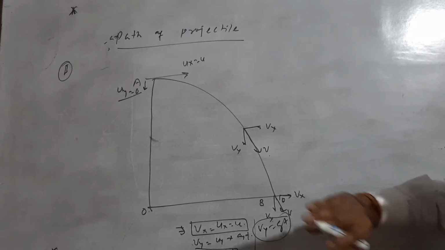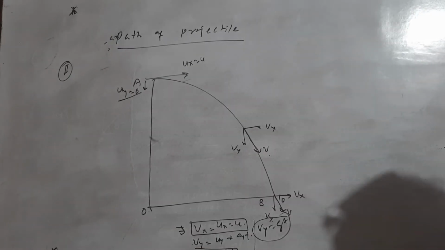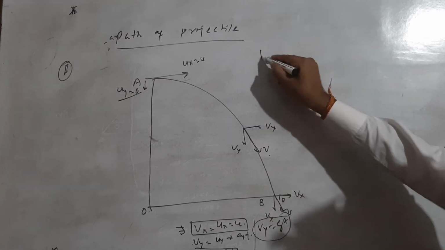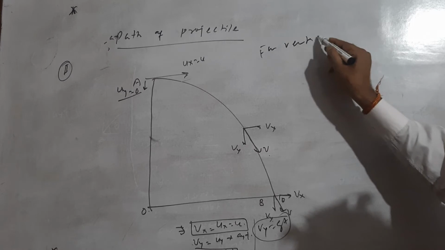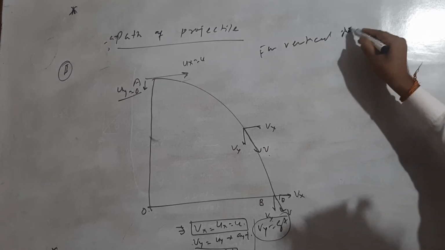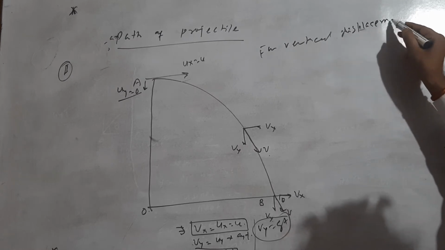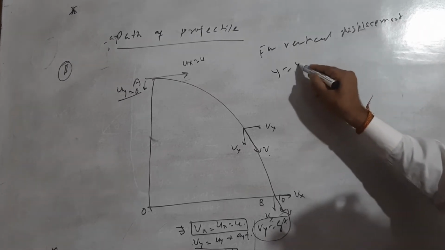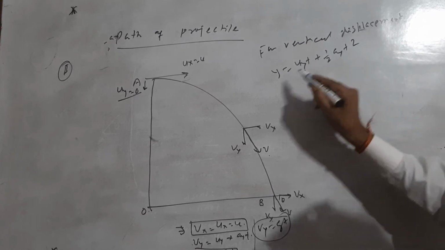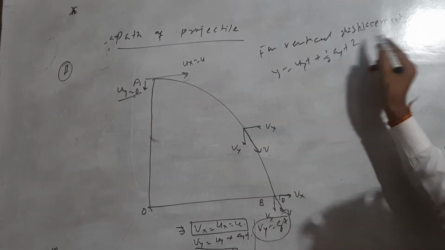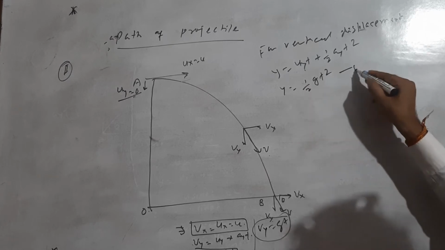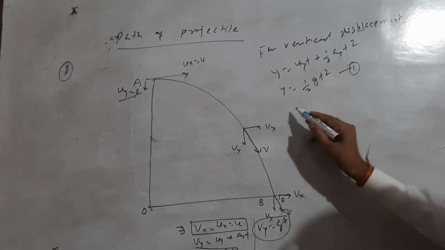Now, if the projectile is thrown with velocity u horizontally from the top of the tower, for vertical displacement y is equal to uy t plus half ay t square. The initial velocity along the vertical direction is 0, so y is equal to half g t square.